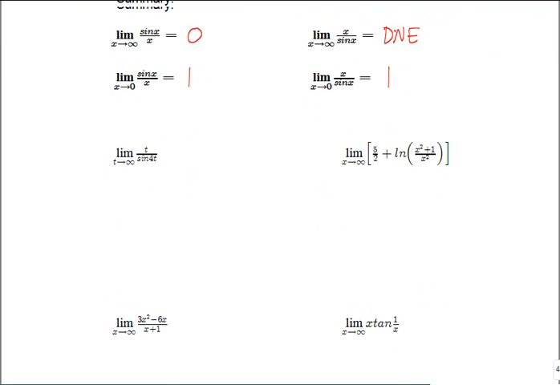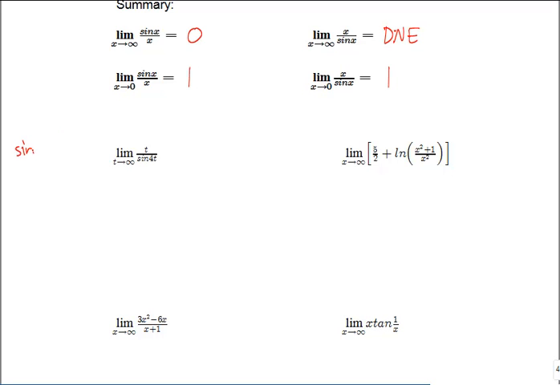Okay, let's try some of these now. So on this next example here, we want the limit as t goes to infinity of t over sine 4t. Now, first thing I want you to recognize is this 4 next to our t is not a constant that I'm allowed to pull out.